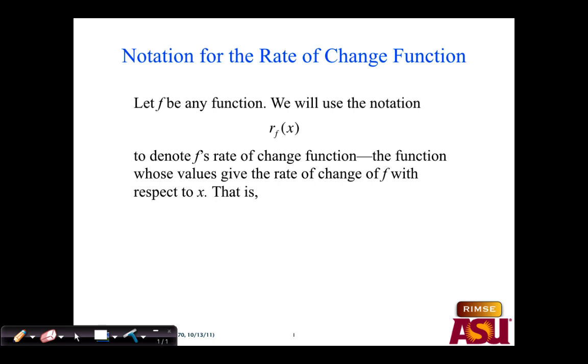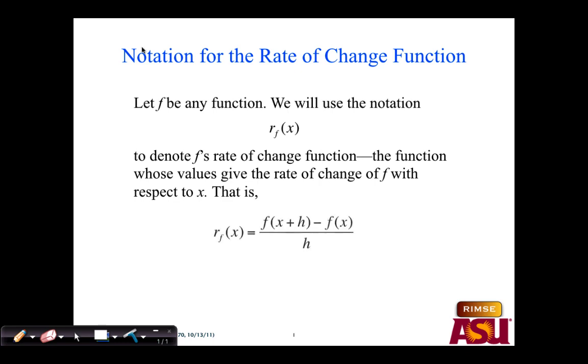That's one of multiple notations we can use, but this is what we've used so far. This is used to indicate f's rate of change function. This is exactly how we used this in the previous unit when we were starting from a rate of change function and working towards figuring out what was a rate of change for.